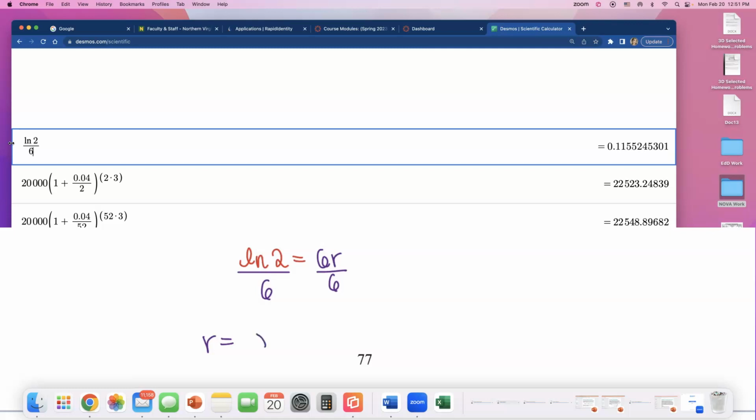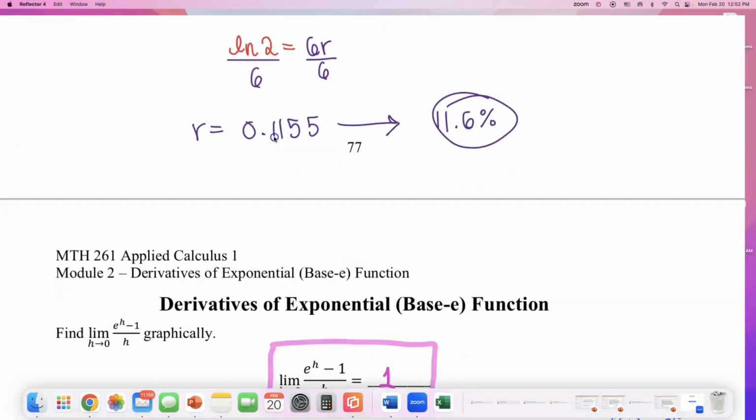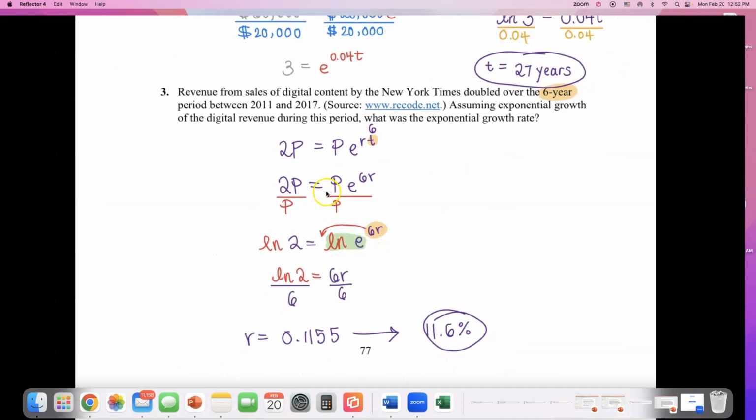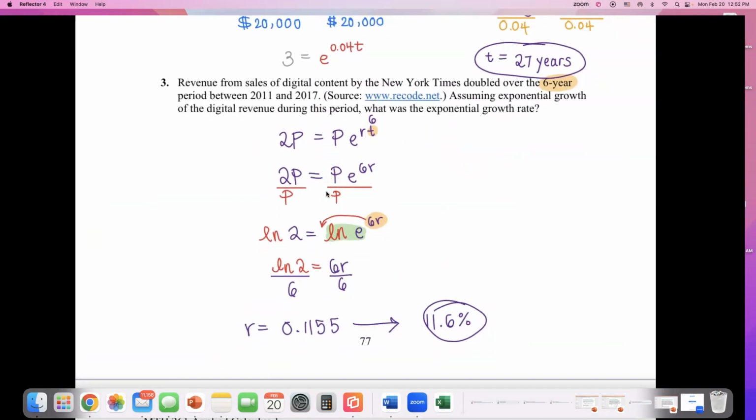So that is 0.1155. So if I convert it into percent, I will say 11.6% rate. So that's gotta be the answer for this. That's the exponential growth rate. But refer back to some of these useful formulas for doubling time or doubling rate that we discussed in the previous pages.